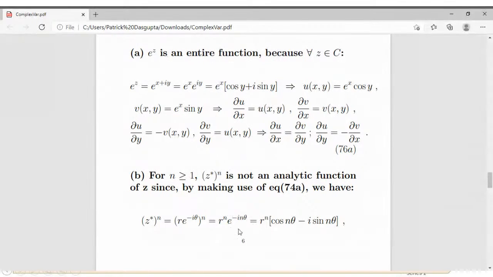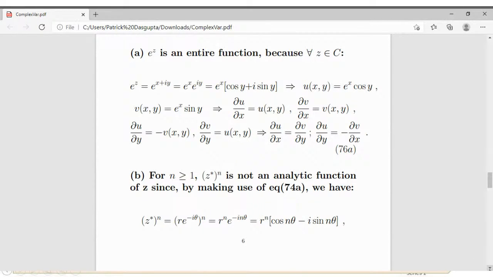Again, applying the Euler formula, e raised to power minus i n theta is cos n theta plus iota sine of minus n theta, but sine of negative is negative of sine. So therefore, z star to the power n is r to the power n multiplied by cos n theta minus iota sine n theta.